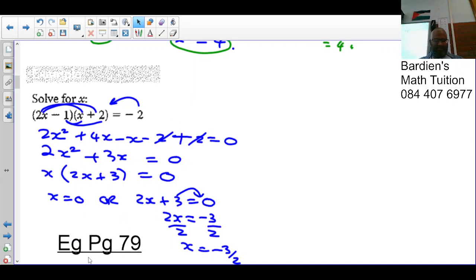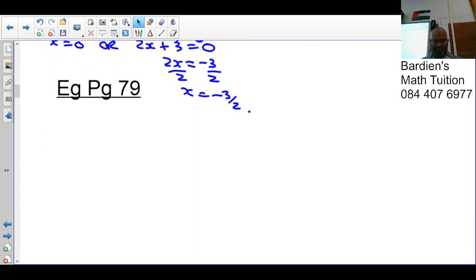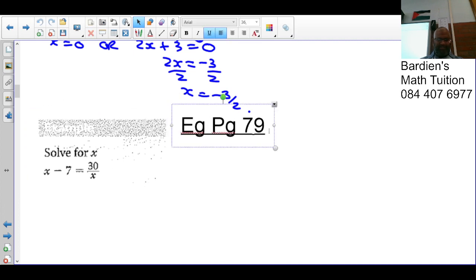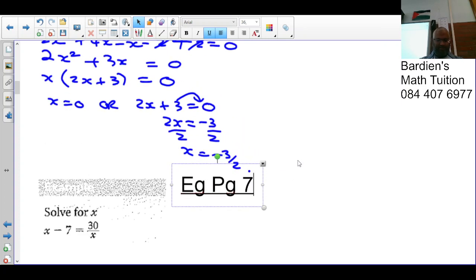Let's look at the next one. The example on page 80.